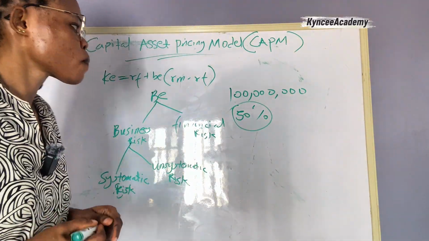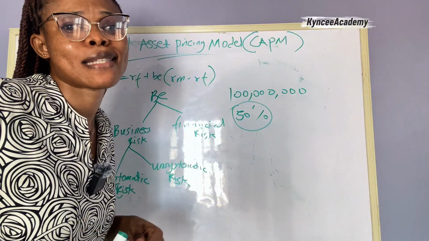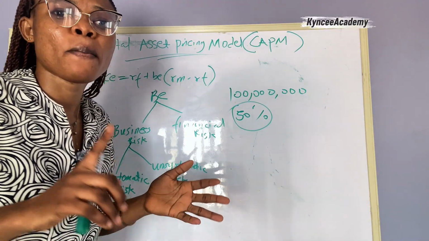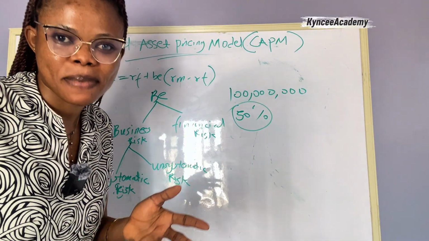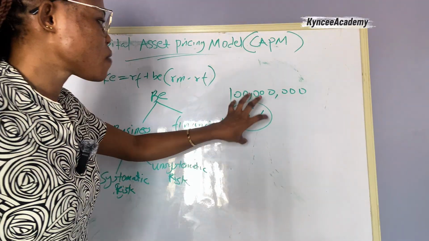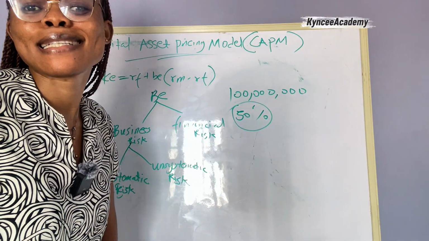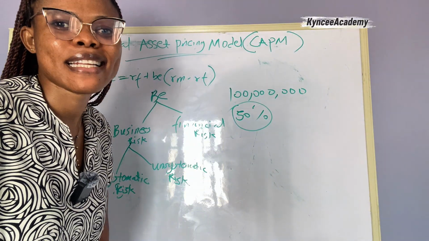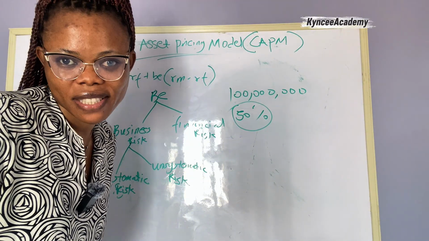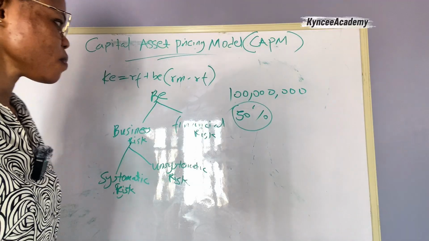This means that the company finances its projects with both equity and debt. Because debt is 50% of the structure, the company is highly geared, or leveraged. It is a leveraged company.